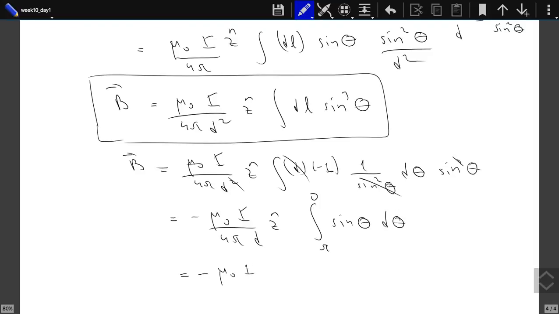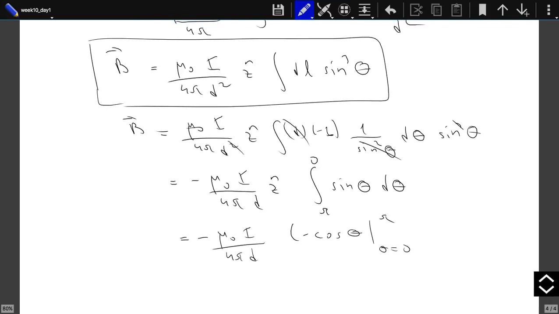This is minus mu 0 I over 4 pi d times minus cosine theta, as theta goes from pi to 0.